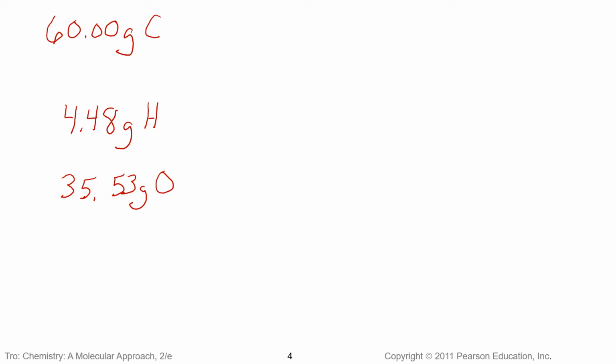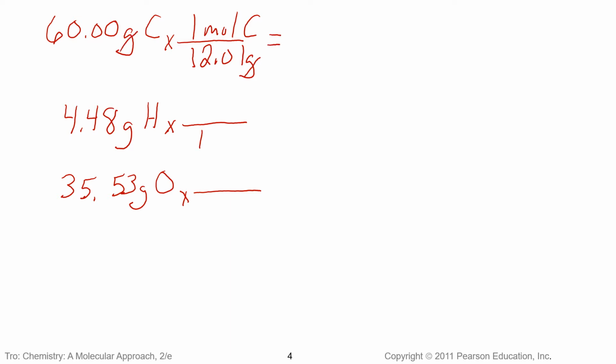Now we want to find the number of moles. In order to do that, we're going to multiply by the molar mass off of the periodic table. I'm going to do these problems in parallel just because we follow the same steps for each element. So carbon, if we look at the periodic table, has a molar mass of 12.01 grams. We want the grams on the bottom, so it cancels with the grams in our problem.